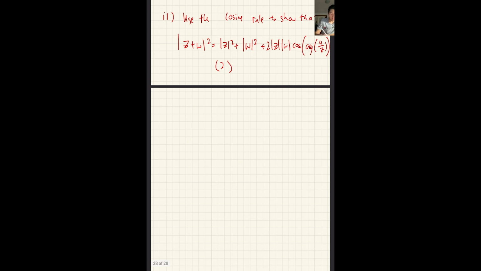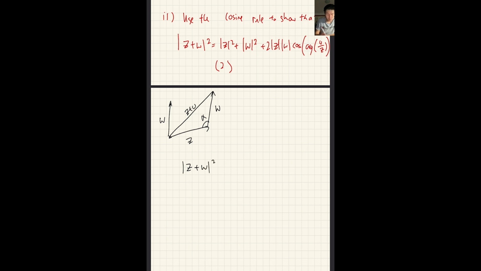Okay, so I'll bring it down here so we can see that triangle. Just draw the triangle on its own. We have Z. Okay, we also need to remember that because this was omega, that this is going to be omega. Okay, and this is Z plus W, and this was alpha. Okay, so let's do our cosine rule.